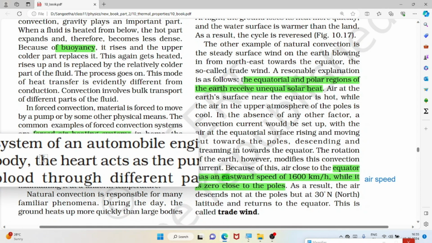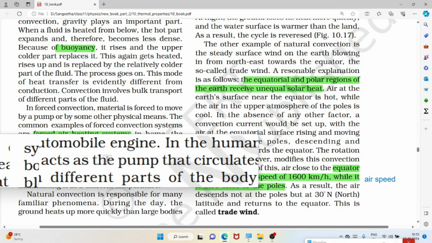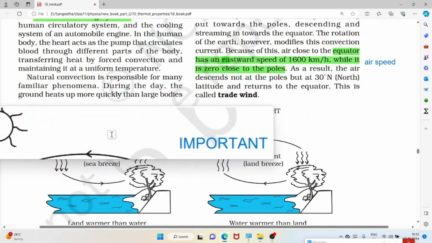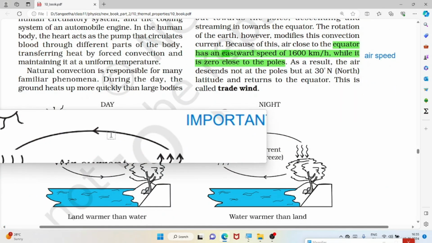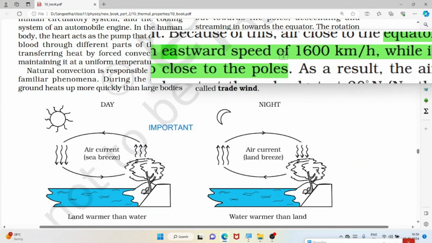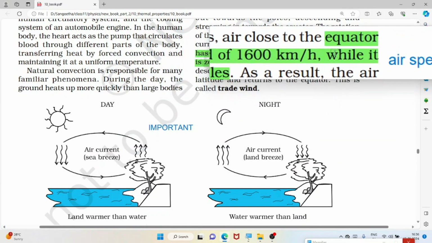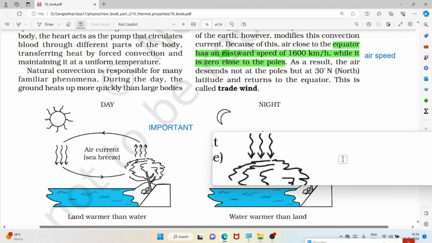So the equator and polar regions receive unequal amounts of solar heat. The equator has an eastward speed of 1600 km per hour, while it is zero close to the poles.